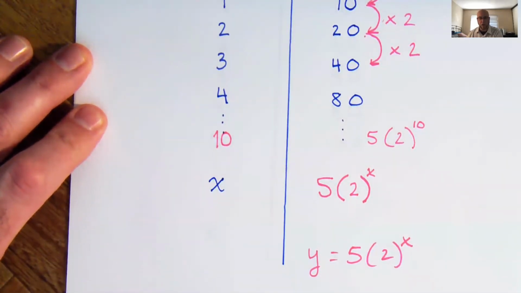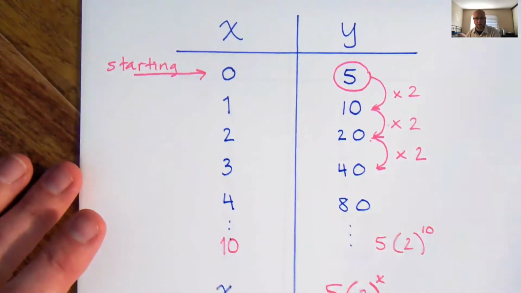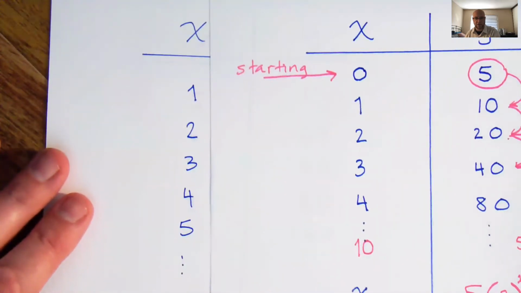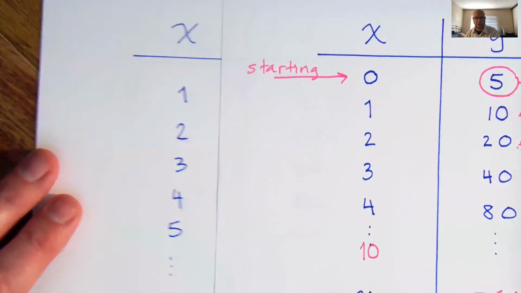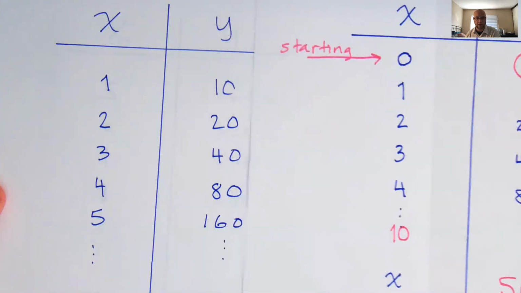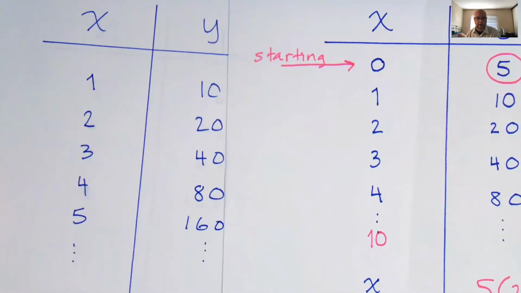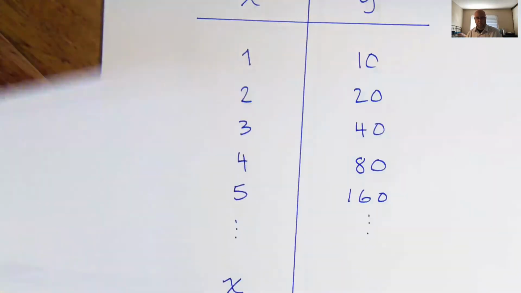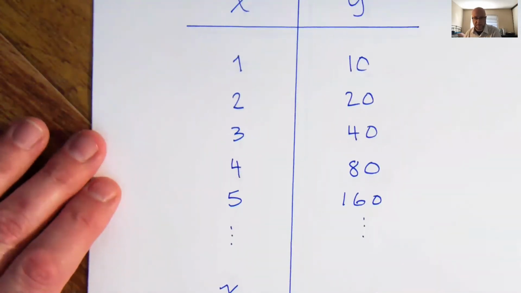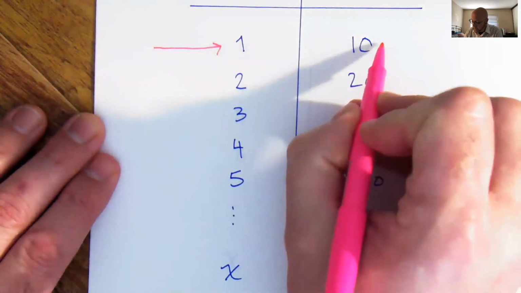Now what we're going to do on the next couple of pages is actually look at the exact same number pattern, but just imagine that it starts somewhere different. So notice how the numbers are the same. We've got 1 and 10, 2 and 20, 3 and 40, and it keeps doubling. But just as a comparison for ourselves, we're going to now think of this as the starting number.